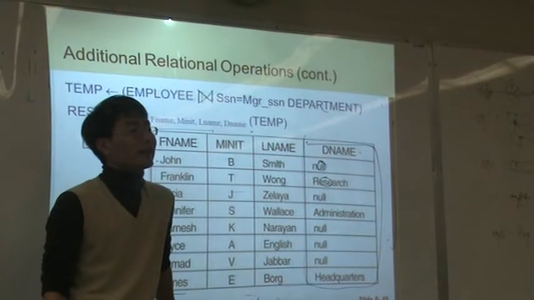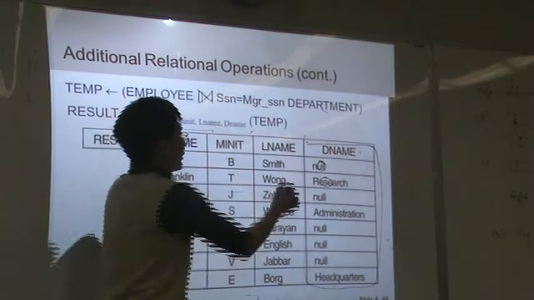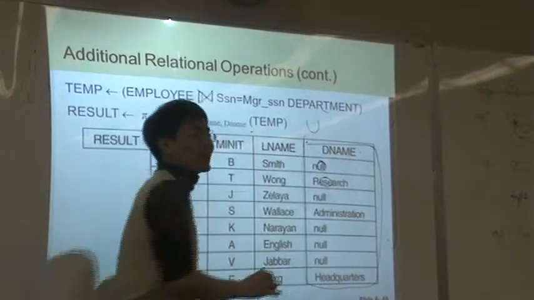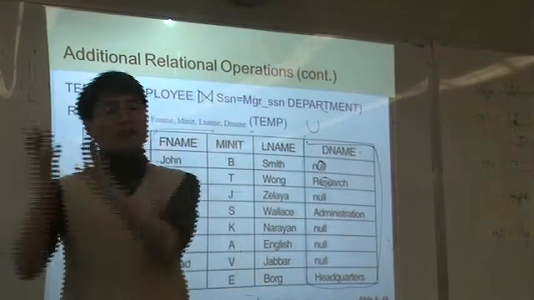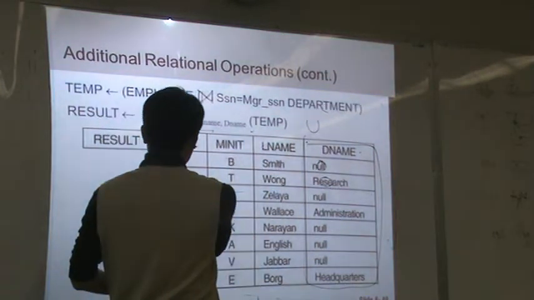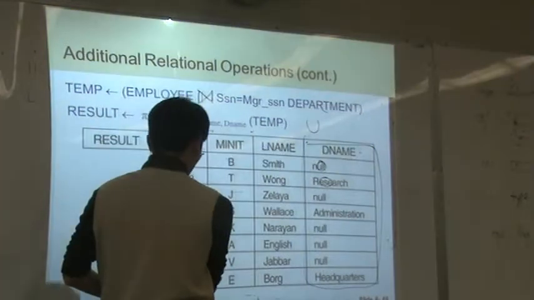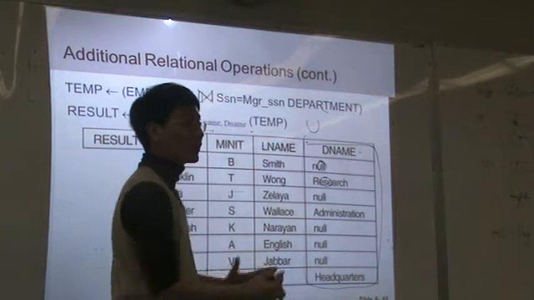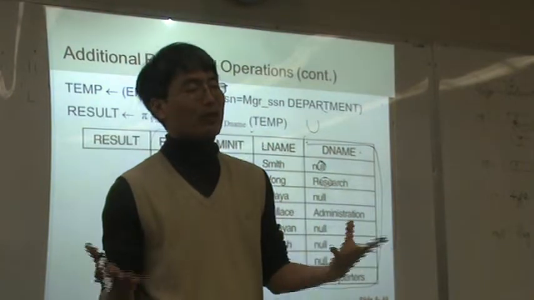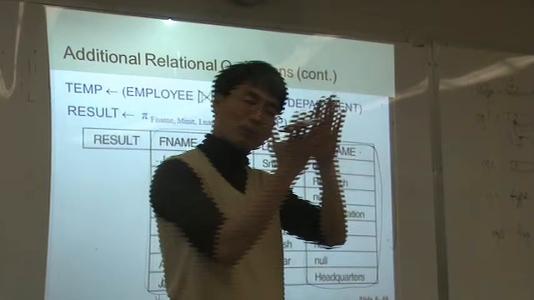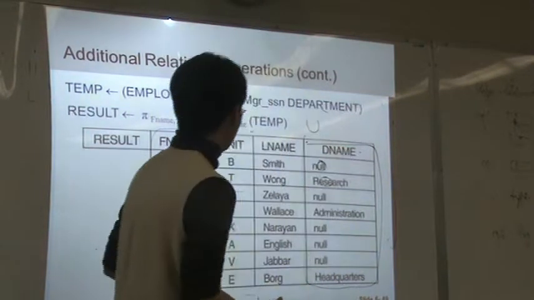Actually, you can do that using union operation. You can combine. First join, okay? Then the other join for this one, and this one. For the others, you can use the minus operation, then combine using union operation.